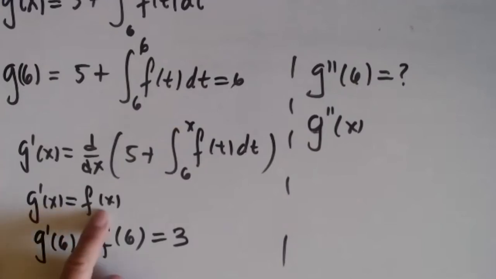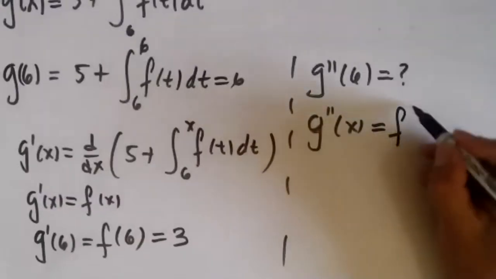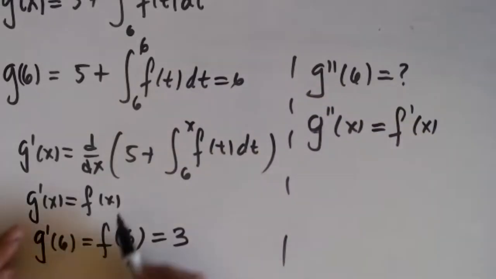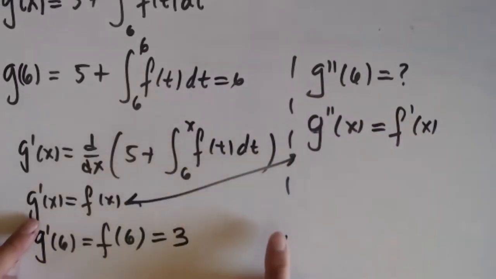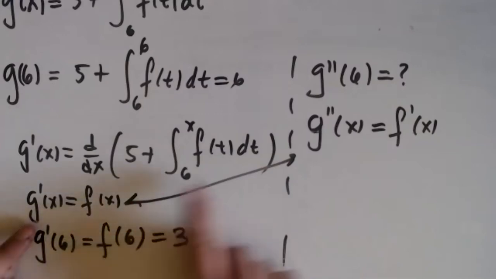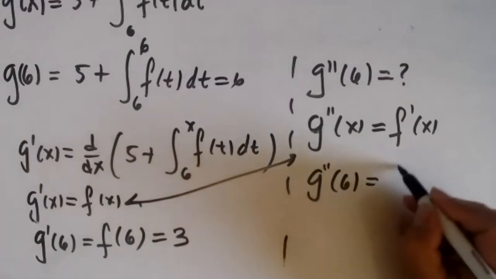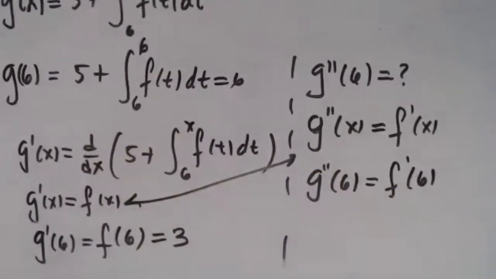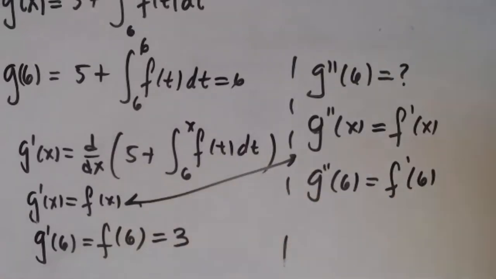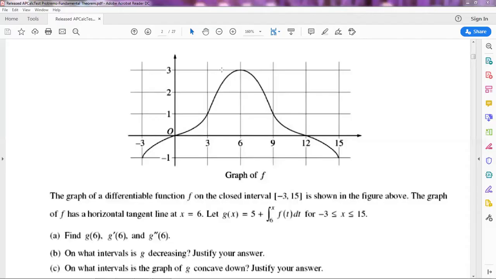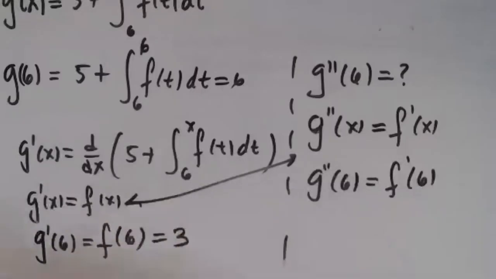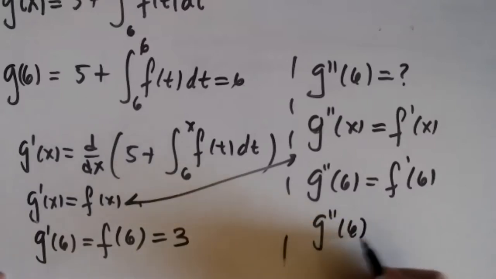You see, g prime is f of x, so g double prime is f prime of x. If g prime is f, g double prime is f prime, correct? So g double prime of 6 is the derivative at 6. What is the value of the derivative of f at 6? Let me go back to the screen. The slope of the tangent line to this function at 6 is 0. So my g double prime of 6 is 0.